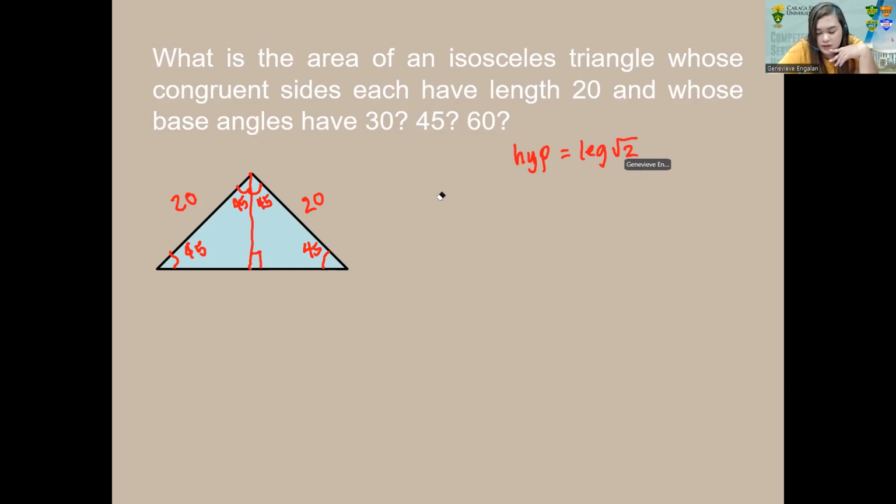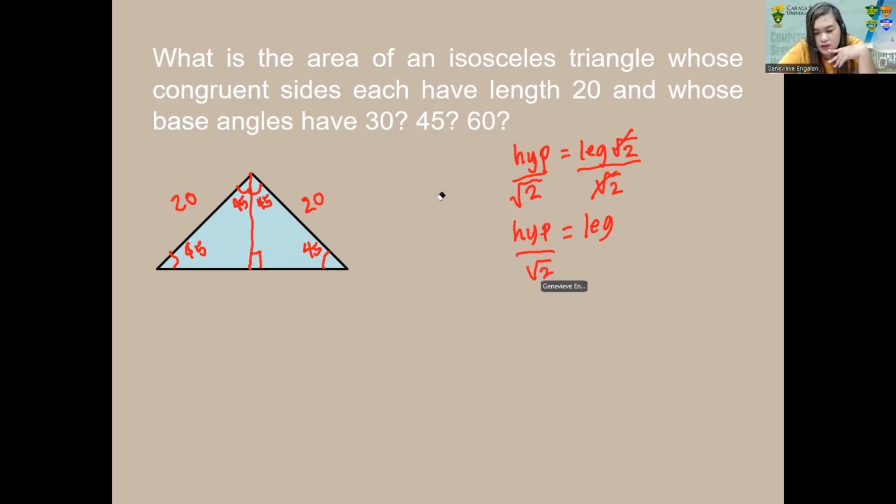So para makuha na to ang leg, i-divide na to both sides by square root of 2. So, pasabot sa 45, 45, 90, ano man no? So, ang leg will be equal to hypotenuse over square root of 2.